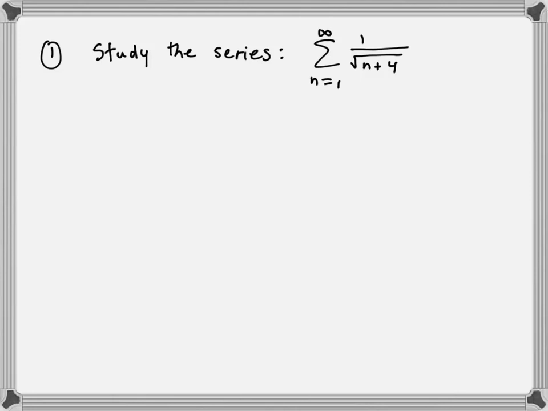So because we are learning how to use the integral test, that's the test that we're going to use here. By the way, I want to show you guys the divergence test fails, because that would be the obvious first thing to always try. So let's look at the divergence test.